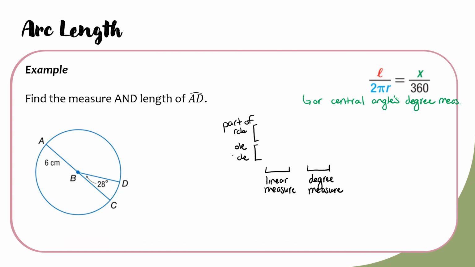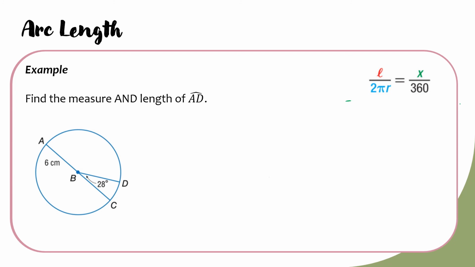Okay, let's erase some of this stuff here. So here we've got circle B. We want to find the measure, by the way, measure represents degrees, and the length, which depends on what our unit is.